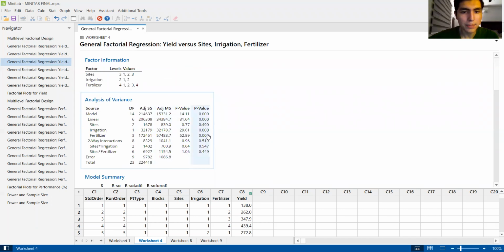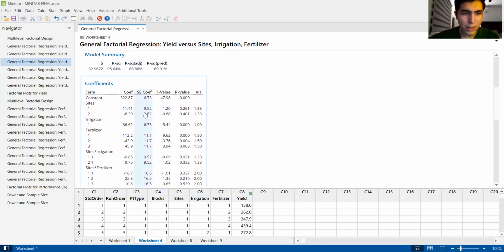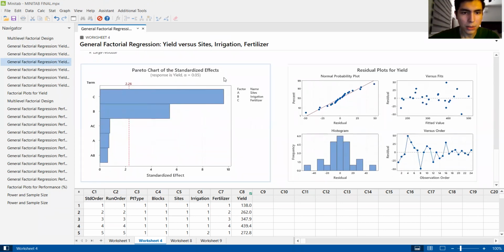Here's the ANOVA. By doing this, I got better R square and R square adjusted values. The Pareto chart is still showing C and B are the significant factors. The normal probability plot is still kind of S-shaped and with some outliers.